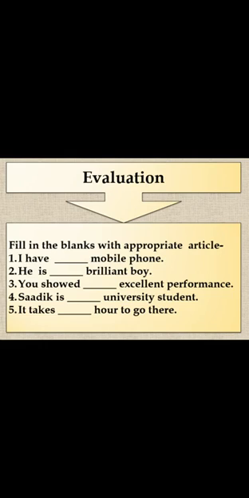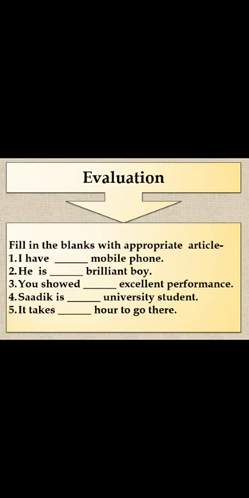He is a brilliant boy. B is a consonant. You showed dash excellent. E is a vowel, so there will be n. And this vowel doesn't pronounce like u or wa. That's why here will not be a. Here will be n. You showed an excellent performance.